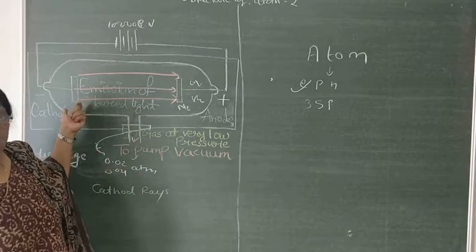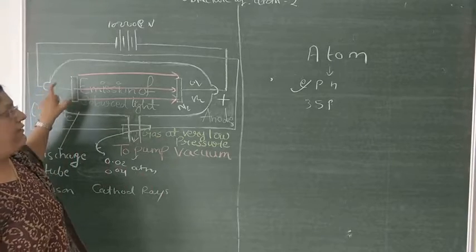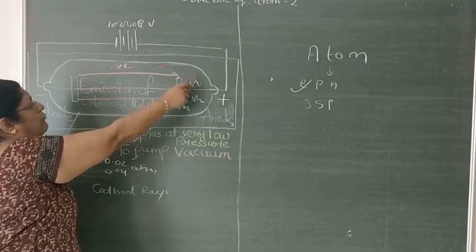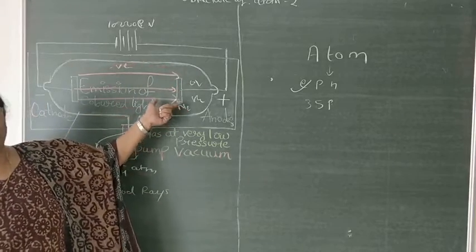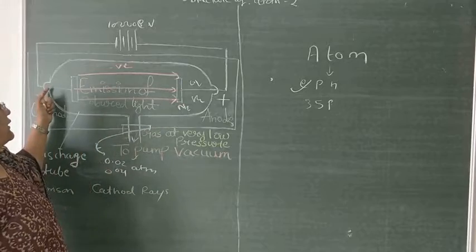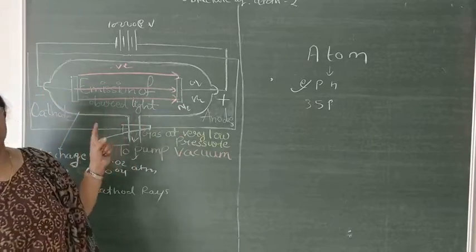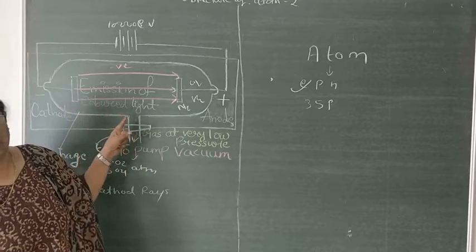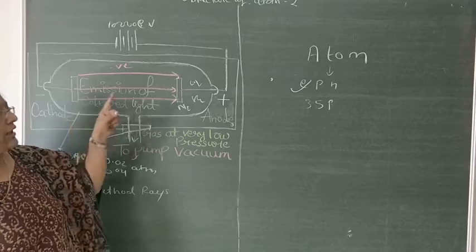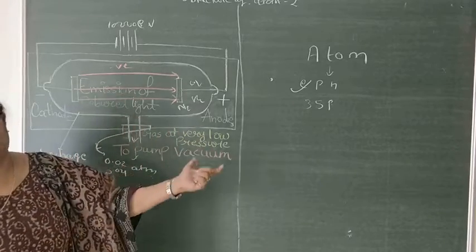These rays were coming out from the cathode, so obviously these rays have negative charge and they are moving towards the anode, the opposite electrode. So by the movement from cathode to anode, Thomson said there must be a particle in any atom, just like the cathode rays having minus charge, and that particle is considered an electron.